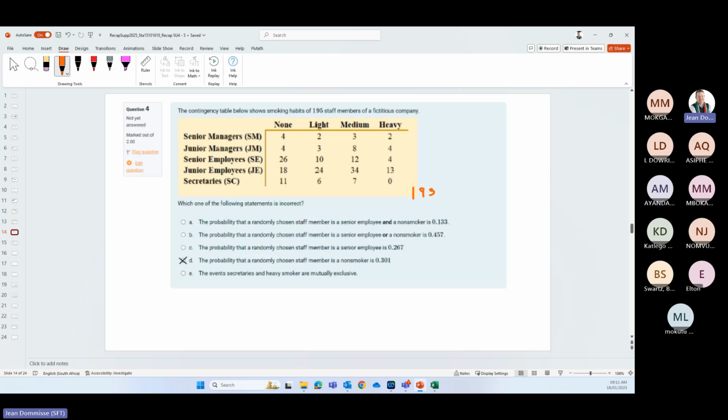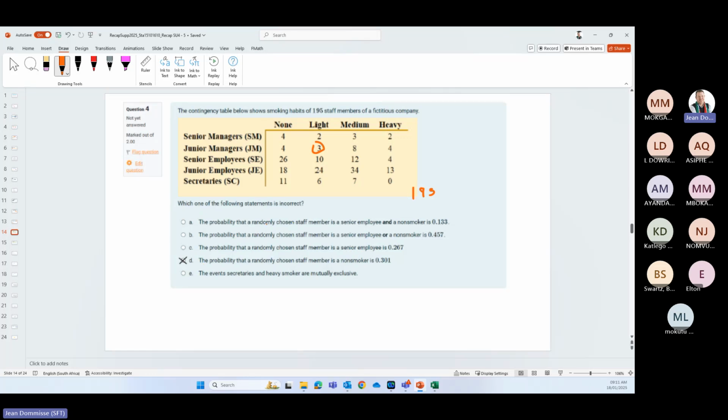But you can be a junior manager and a light smoker at the same time. That is how you read it from a table as well. Hope that answers that one.